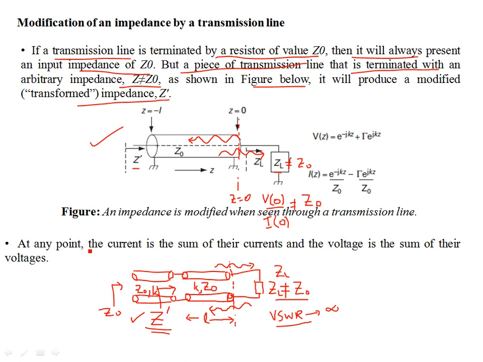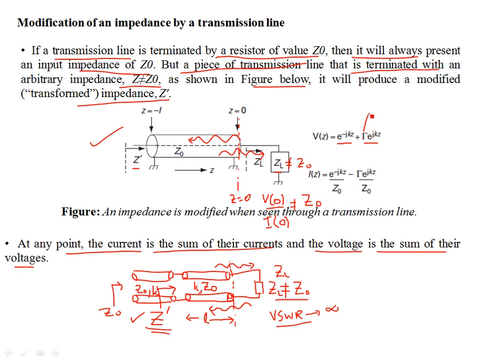But again, at any point where you have a different impedance, the current or the voltage signal is the sum of the currents and voltages. What it means is that you have a voltage signal that is traveling down the transmission line in the positive z direction, and then there is another, a reflected voltage.